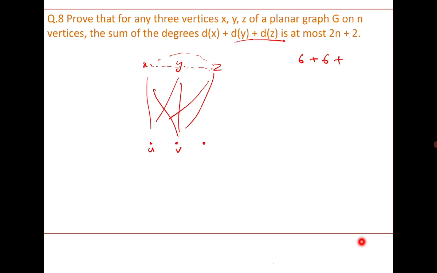Now the remaining vertices can be adjacent to at most 2 of x, y, z. They cannot be adjacent to all 3.